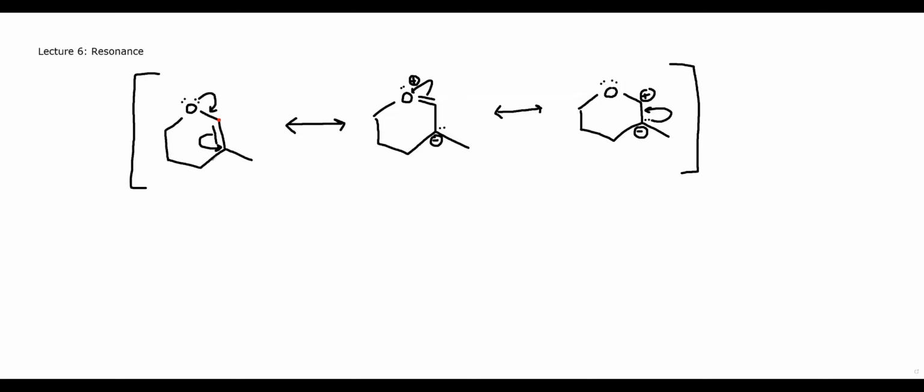But hopefully today, we can at least recognize these arrows as being good resonance arrows to draw, because we're simply moving either a lone pair or a pi bond. We're not breaking any single bonds, and we're always making sure that we never exceed an octet. Okay, we never want something with 10 electrons.